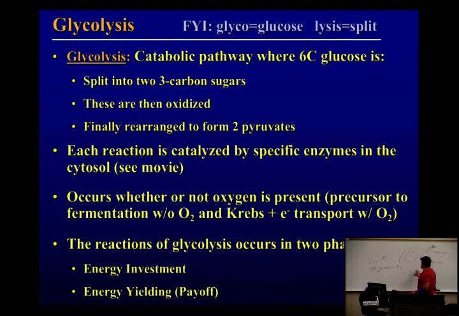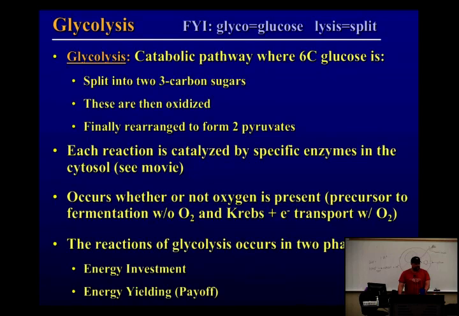So we're here, right? This is where the enzymes are that are gonna start breaking apart the glucose. Like I said, it splits it into 2, 3 carbon sugars. They are then oxidized. So what does that mean? Leo the lion goes grr.